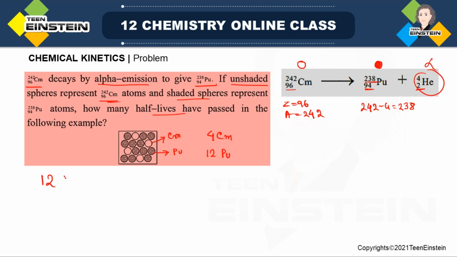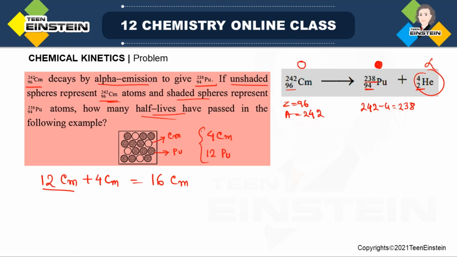So from 12 Cm, basically 12 Pu were generated. So we add these numbers, and ultimately initially we can say there are 16 Cm atoms, that is nuclei. Okay.